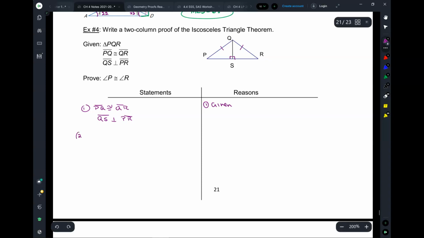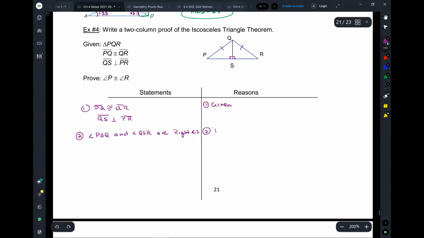So let's write that down. So that's angle PSQ and angle QSR are right angles. What's the reason for that? Not that.